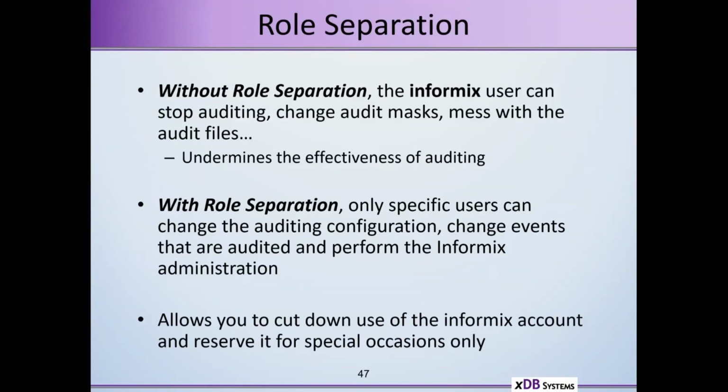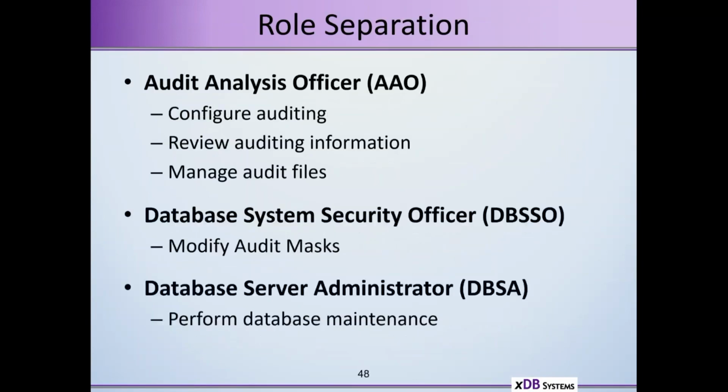and they can modify the files, they can turn off auditing, they can mess around with a lot of that auditing stuff. So using role separation allows you to limit what each person can do, and that your Informix ID is only used for your proper admin access and nothing to do with auditing.